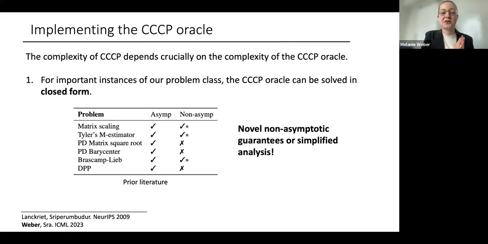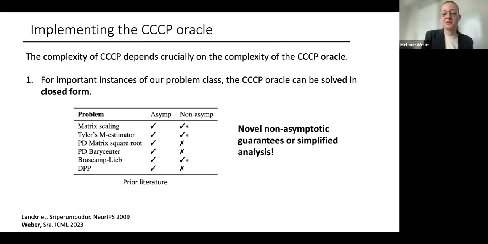Fortunately, the alternative way of solving that CCCP Oracle would be if we can find a closed form solution. And it actually turns out that there are a lot of instances of problems that fall into our category of geodesically convex difference of convex problems where we have a closed form solution. And very often those can actually be already found in the literature.